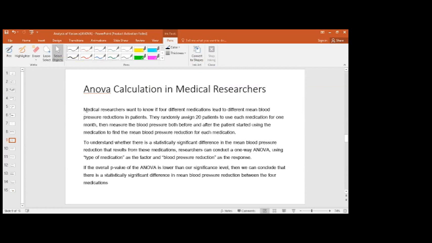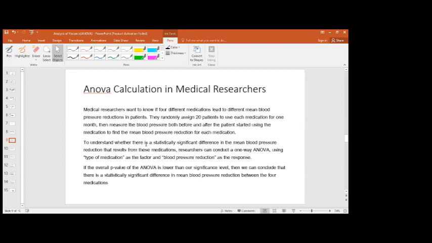Similarly, the same method. Medical researchers want to know if four different medications lead to different mean blood pressure reductions in patients. They randomly assign 20 patients to use each medication for 1 month, then measure the blood pressure both before and after the patient started using the medication to find the mean blood pressure reduction for each medication.